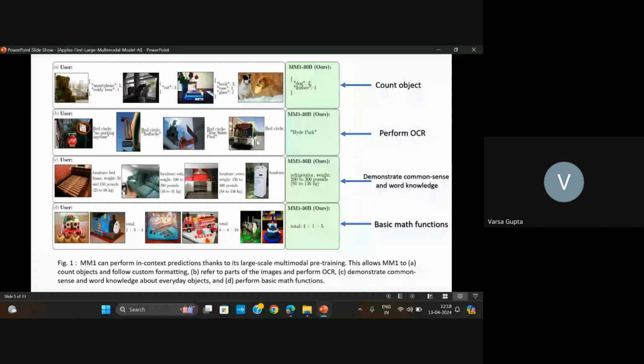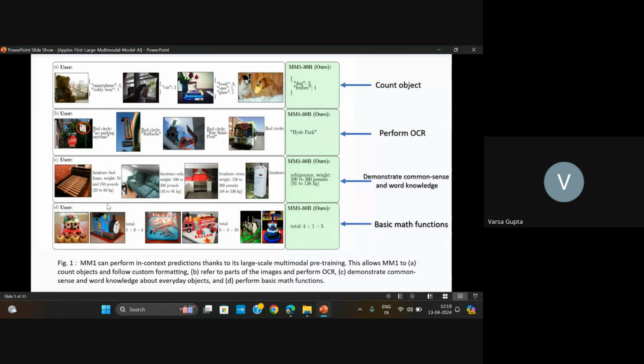In the third row, we see that the model is able to predict what is there in the picture. In the first picture, we have a bed. So the model is able to not only give information about the picture, but also about the frame and weight of the image.